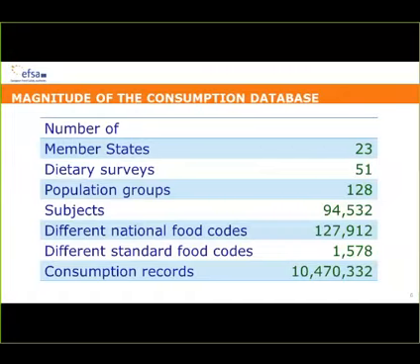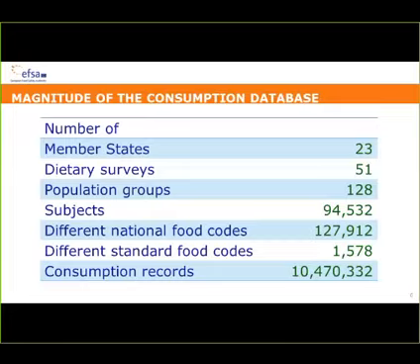When we split into the different population groups, we cover more than 100 population groups. We have almost 100,000 subjects, and in total, we have more than 10 million records today. But we are routinely collecting data, and so we will soon increase this number.